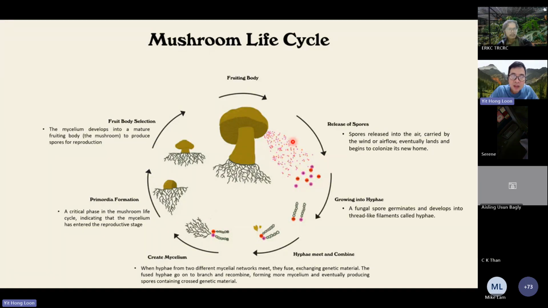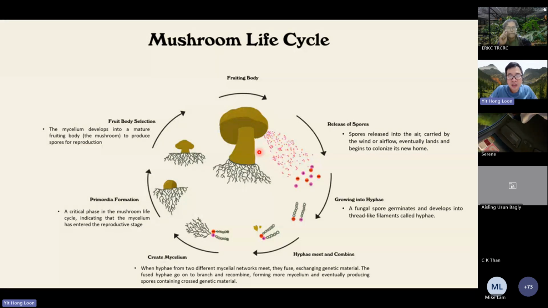Okay, a lot of people ask, if we find a mushroom in the wild, can we pick it or pluck it? Will this plucking do harm to the fungi? Actually, no, you are not harming the fungi. The mushroom is like a fruit from a tree.